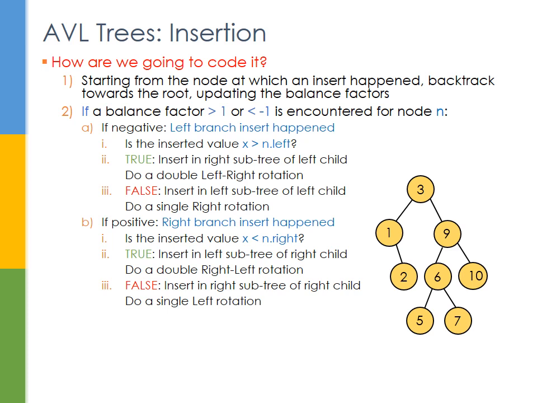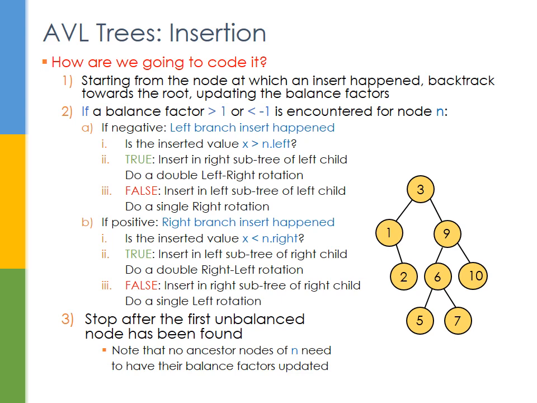So if the inserted value is less than the right child's value, then we know that we have inserted into the left subtree of the right child, and so we do a double right-left rotation. If this condition is false, then we know that we've inserted into the right subtree of the right child, and so we do a single left rotation.